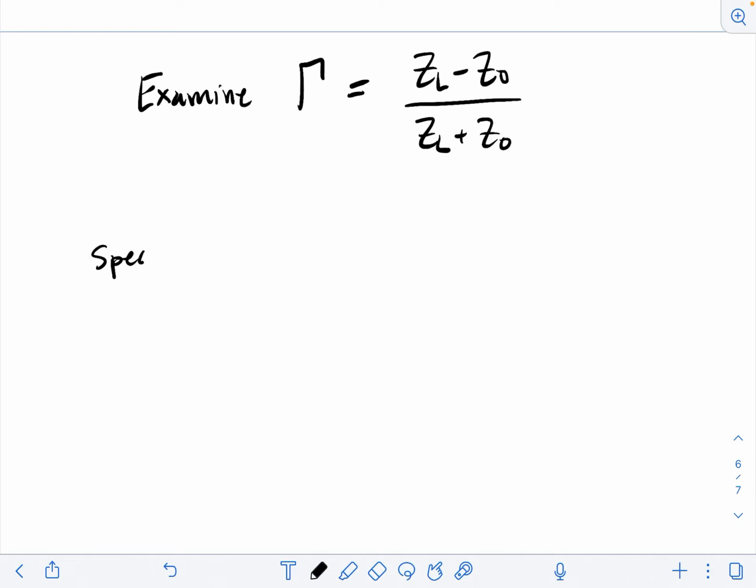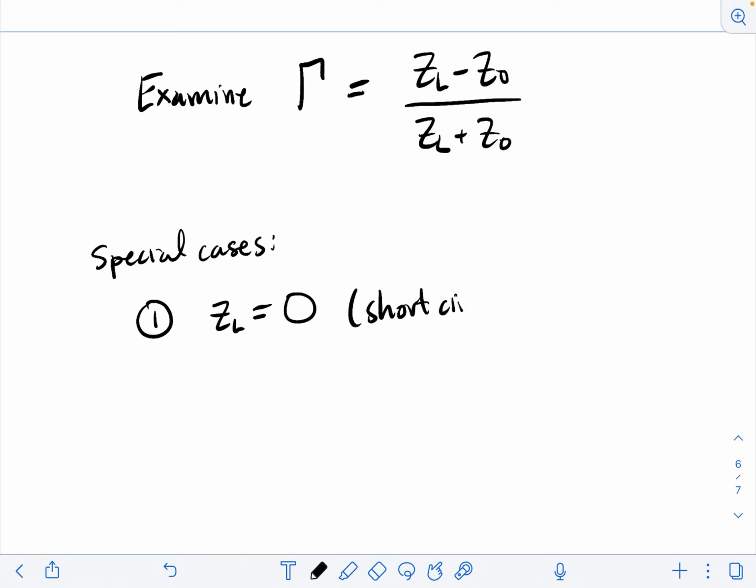Special case 1: we could have ZL equal to 0. This would be a short circuit. So let's suppose that at the end of the transmission line, where Z equals 0, we take the center conductor, if it was a coaxial cable, and short circuit it to the outer conductor.